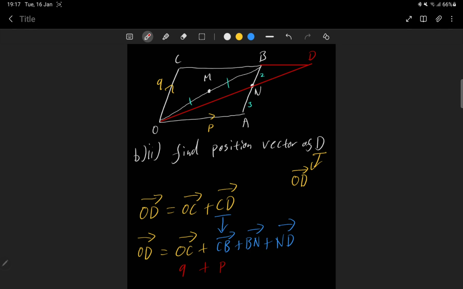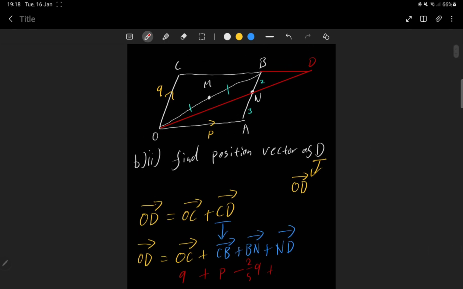If the direction of OC is positive q, going backwards from B to N has to be negative q, and because it's a little bit shorter, it's 2 out of 5, which is the total of 2 and 3, so it has to be negative 2 over 5 q, plus ND.